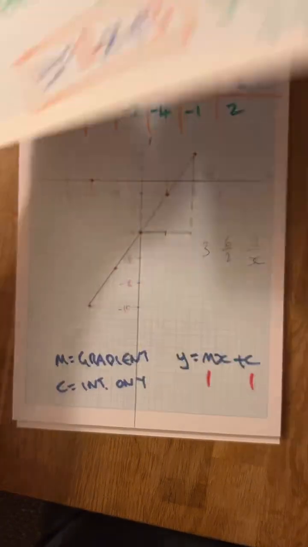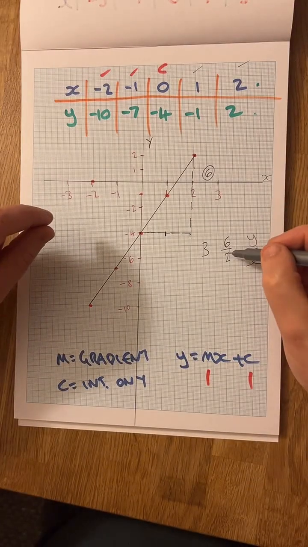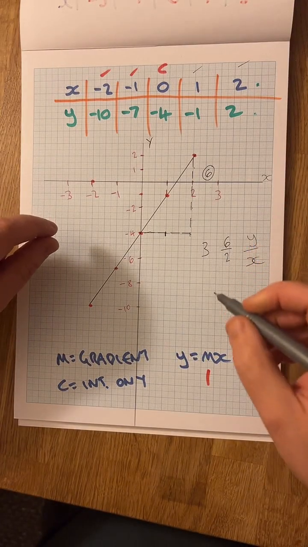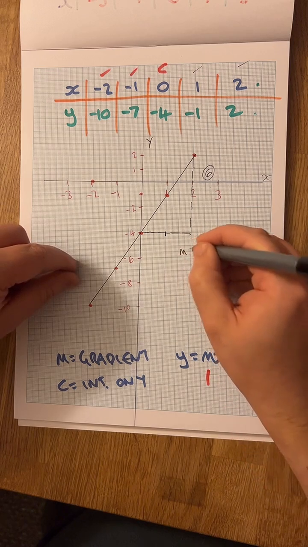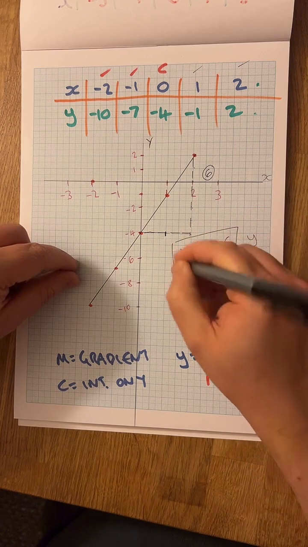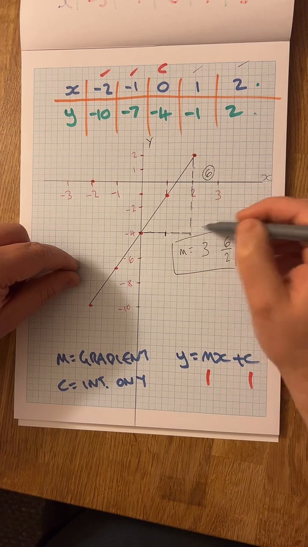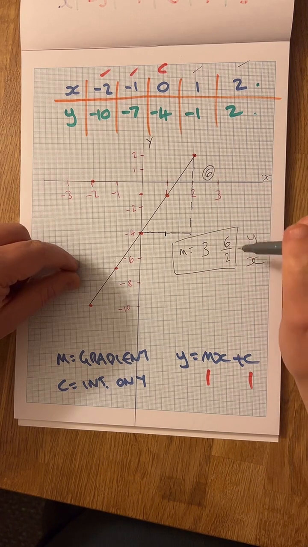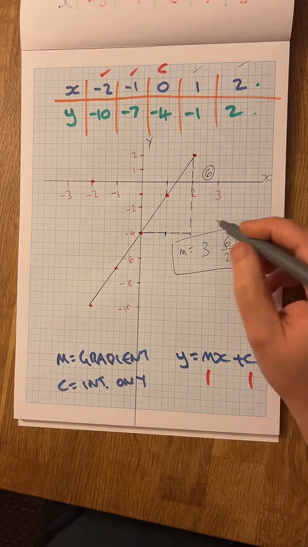So 6 divided by 2 is 3, which means my gradient, M, is going to be 3. Changing Y, changing X gives me 6 divided by 2, that's 3.